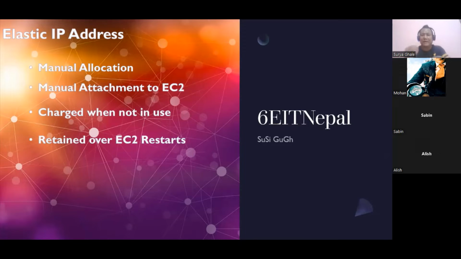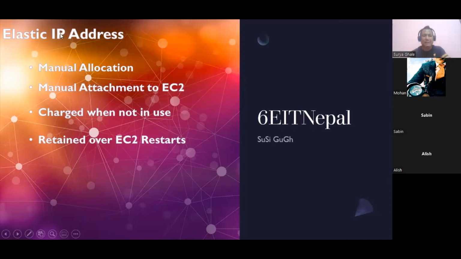As the public IP address changes when you restart an instance, we can assign an elastic IP address. This elastic IP address is a manual allocation; we need to allocate it ourselves. We'll see this today. It requires manual attachment to EC2, and it is charged when not in use.